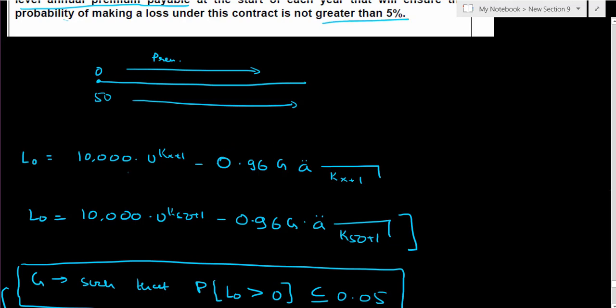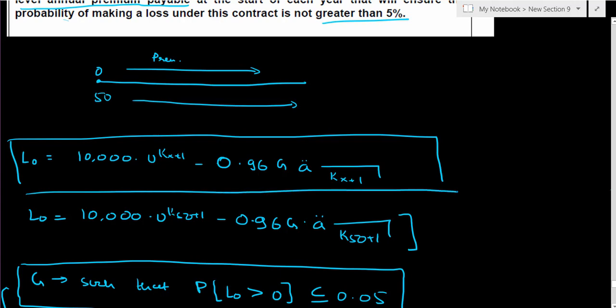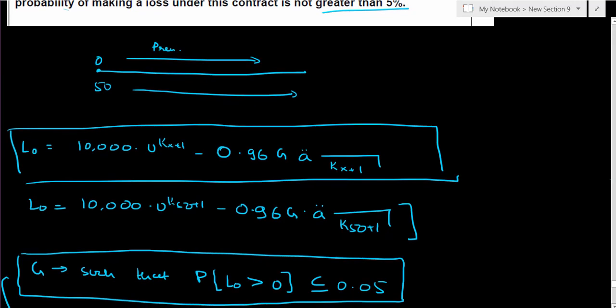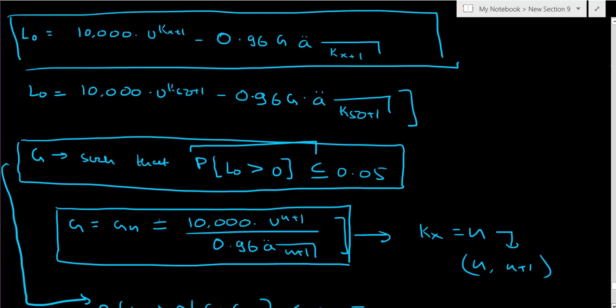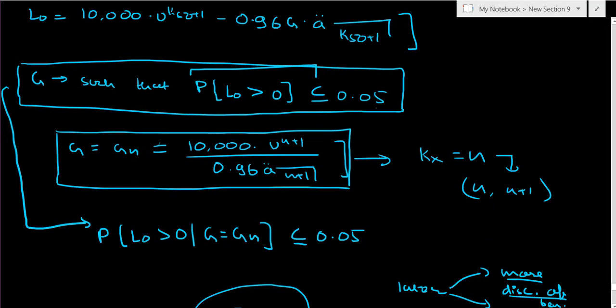So what we did first was define the net future loss random variable. Then we said we want the probability that this loss random variable is greater than 0 not to exceed 5%. That was the criterion stipulated by the question.